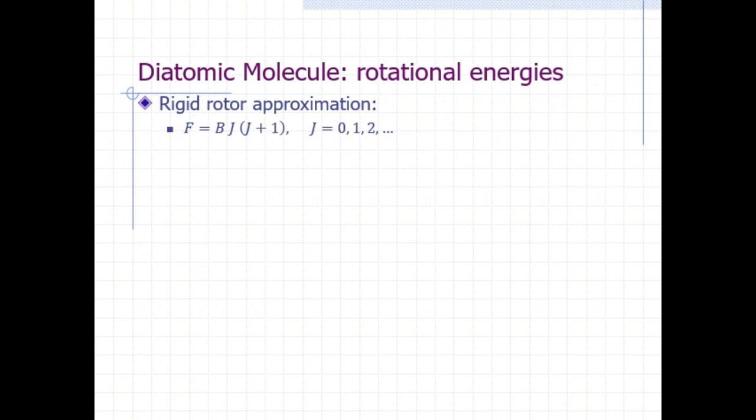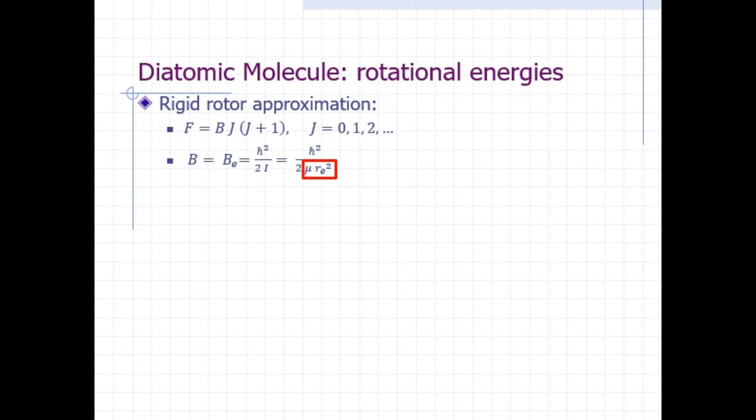Assuming the molecule is a rigid rotor, B is equal to B sub E, which is equal to h bar squared over 2 times I, where the moment of inertia, I, is equal to the reduced mass times the square of the equilibrium internuclear distance R sub E. Here, we are assuming that the distance between the nuclei is fixed and equal to R sub E.